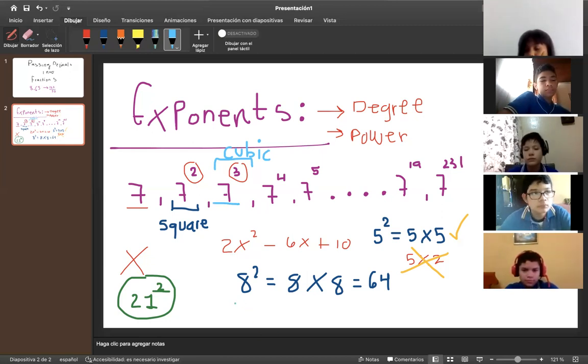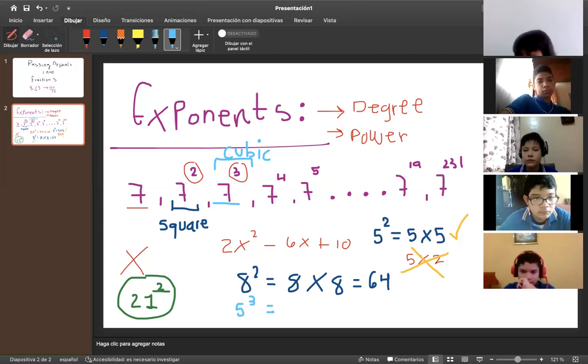For example, if we have 5 cubic, we need to do the same as with the square, but now we have 3, so we're gonna multiply 5 times 5 times 5.